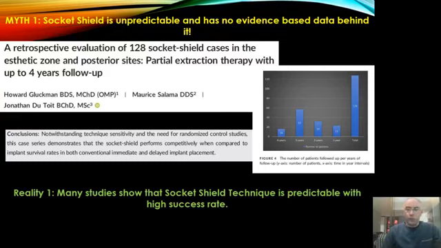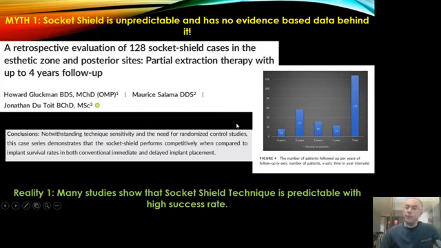They followed up some cases all the way up to 4 years, and they concluded that compared to the implant survival rate, the socket shield technique's is really high, and it's similar to the success rate. And of course, they are mentioning that we need more high-evidence research about it.